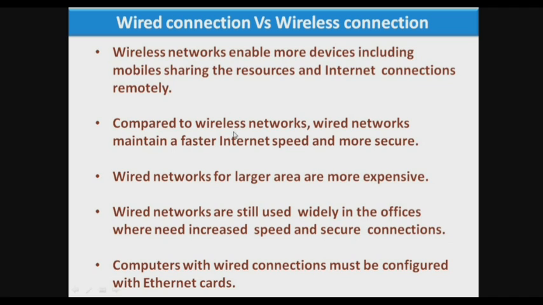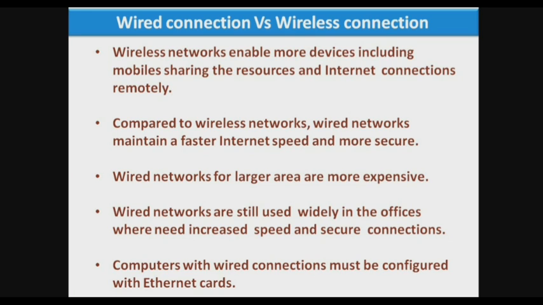But when compared to wireless network, wired networks maintain faster internet speed and it is more secure. So we prefer wired network for large area, but it is more expensive. Even though it is more expensive, it is widely used in many offices to increase the speed and to increase connection. So in offices and many companies, they prefer wired network instead of wireless networks.